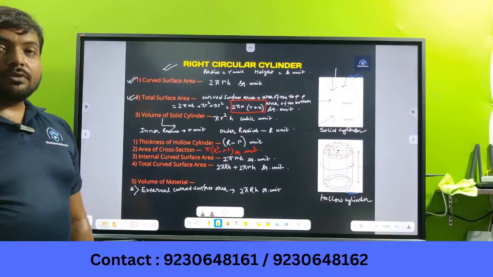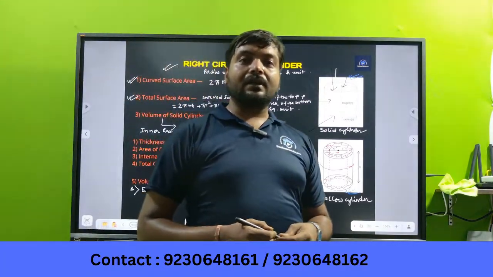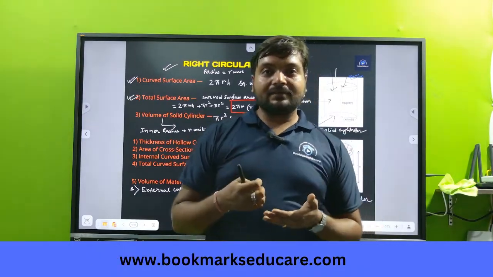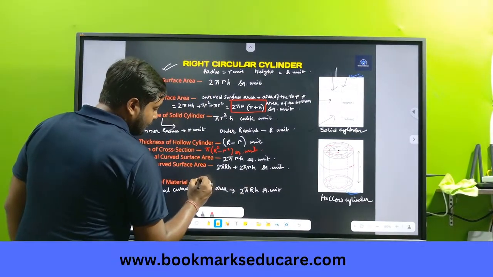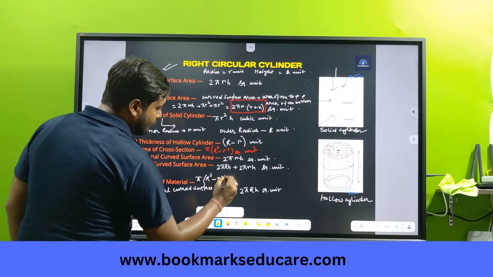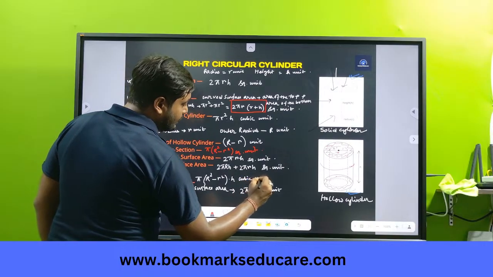And what will be the volume of material? That means the volume of material required to make the item. Volume of material will be pi into capital R square minus small r square into h, and the unit will be cubic unit.